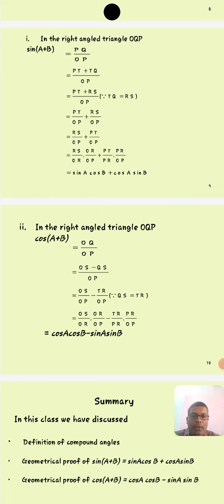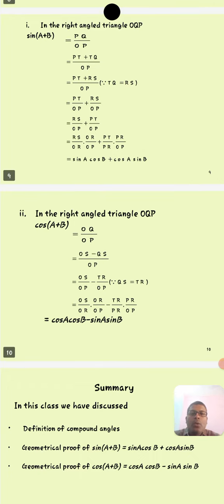In the place of QS we take TR. The next step: OS by OR into OR by OP minus PR by PR into PR by OP. Here OR cancels and PR cancels, equal to the before step.